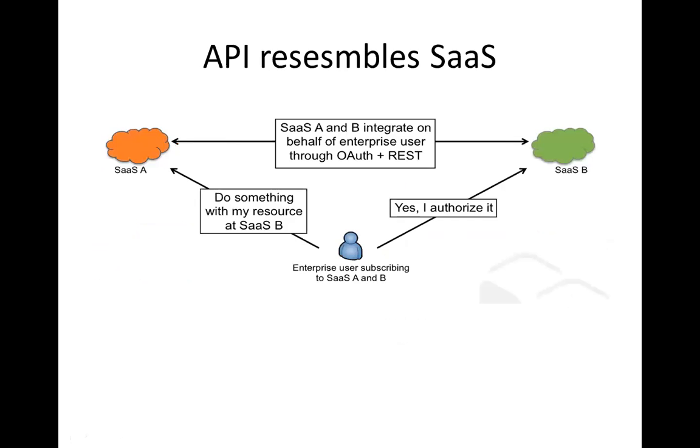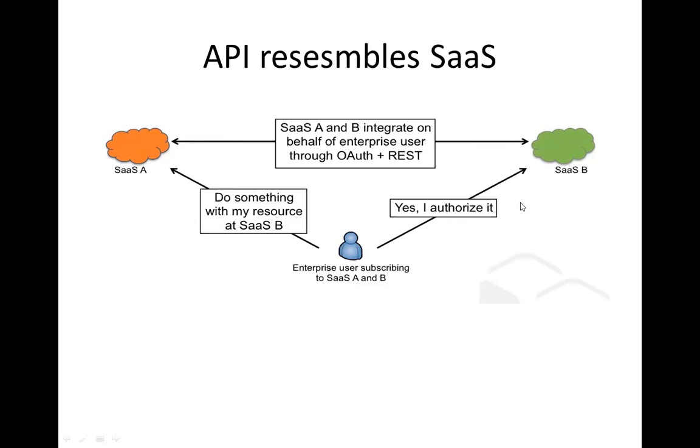Another thing is why APIs resemble SaaS. APIs resemble software as a service, as shown in the diagram here, because you can integrate on behalf of an enterprise or user through OAuth or REST. Like this is SaaS A and SaaS B. They want to integrate. They can integrate on behalf of the enterprise user through OAuth and REST protocols. OAuth and REST are two protocols that provide identity management and confidentiality.